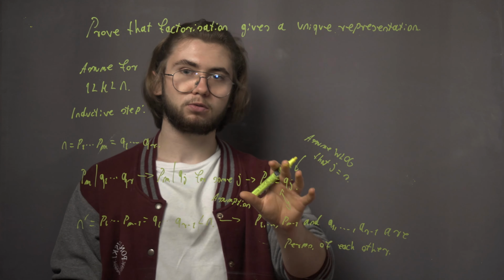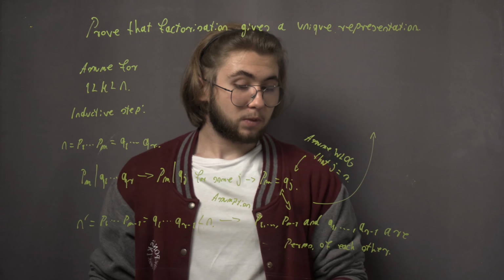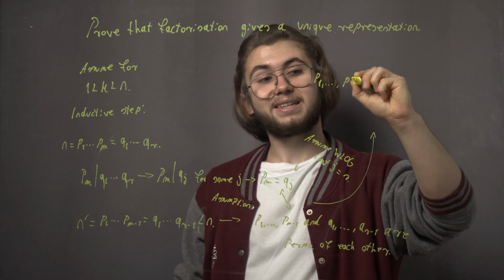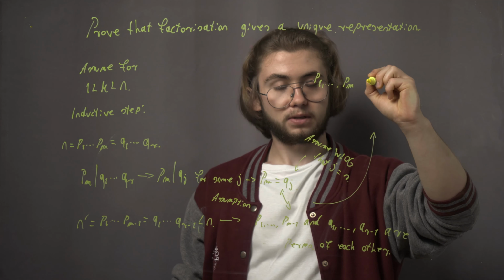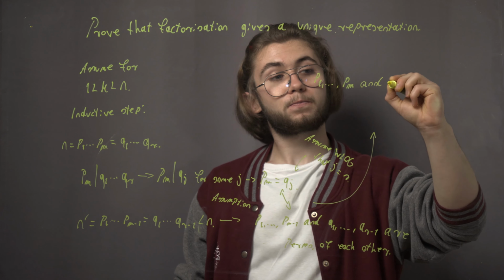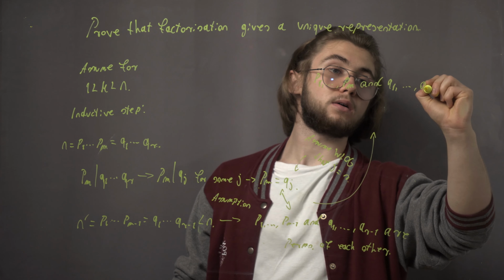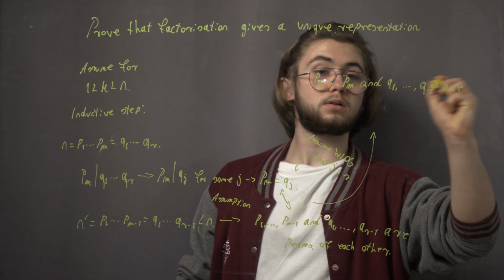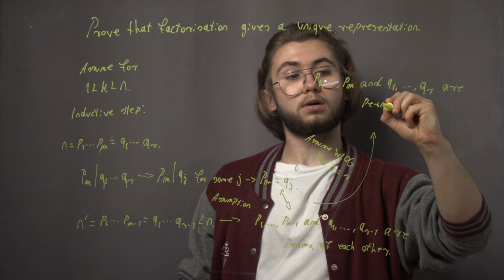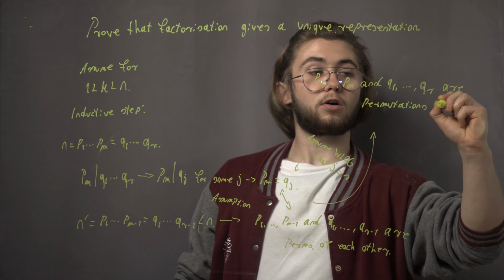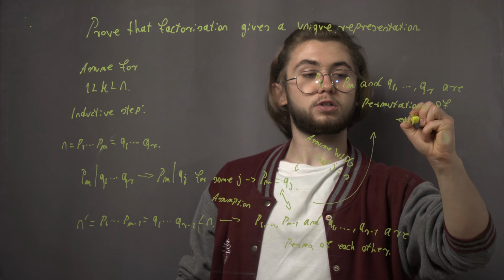And then by combining this table of facts, and I'm stuttering today, what we're really getting is p1 up to pm, not m minus 1, but m, and q1 up to qr are permutations of each other.